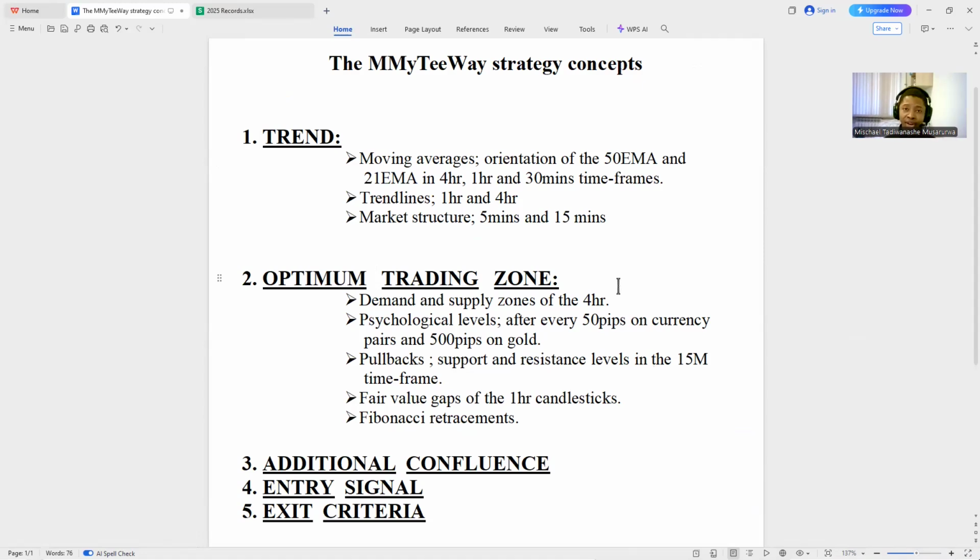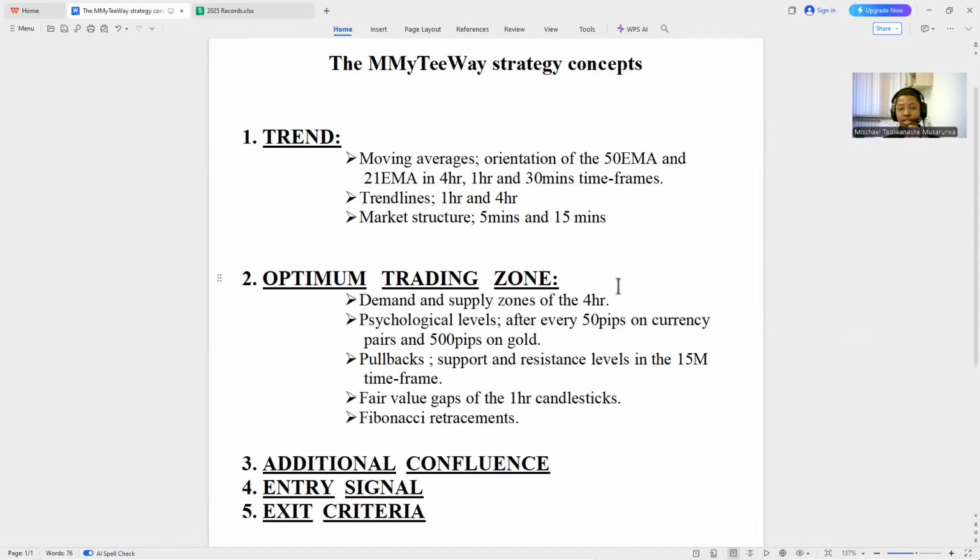So after watching the strategy and you want to implement the strategy, because some things don't work for other people, but if you want to try it out and if you believe it will work for you, you have to watch the course and see these things in detail and see how they are used, how they are implemented. When you see how they are created, how they are implemented, when you come back to the strategy, it will be a walkover.